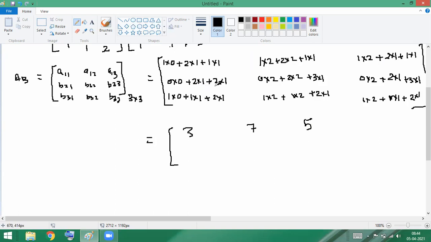Here, 2 and 3 is 5. Here, 4 and 3 is 7. Here, 2 and 3 is 5. Here, 3. Here, 2 and 2 is 4, 6. And here, 2 and 1 is 3, 3 and 2 is 5. So this is the final answer for that.